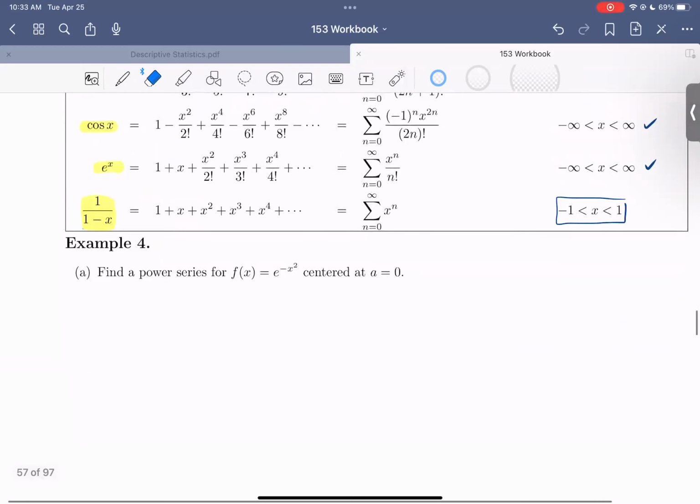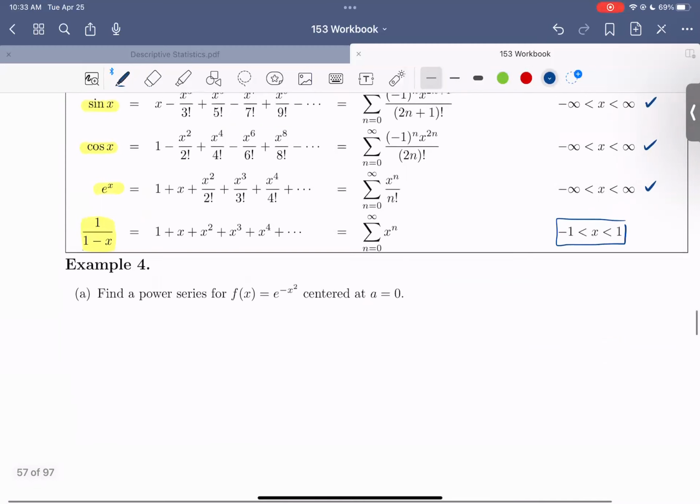So in example 4, part A, we're asked to find a power series for the function f of x equals e to the negative x squared centered at a equals 0. So we can see that this function f of x equals e to the negative x squared is the same thing as the function e to the power, where we've just inputted negative x squared into the power.